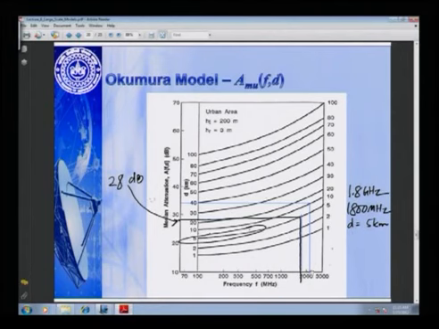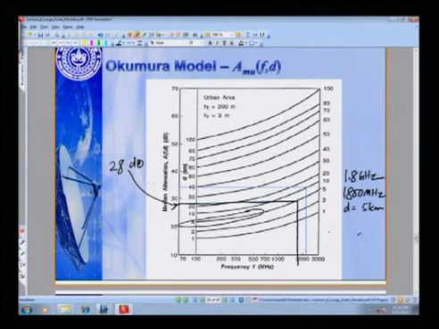At 2.1 gigahertz, and approximating the distance of 8 kilometers, I go to this chart for the A mu correction factor and look at the carrier frequency corresponding to 2.1 gigahertz.